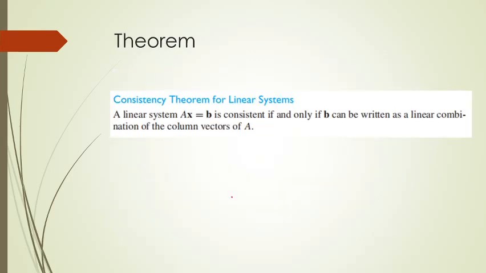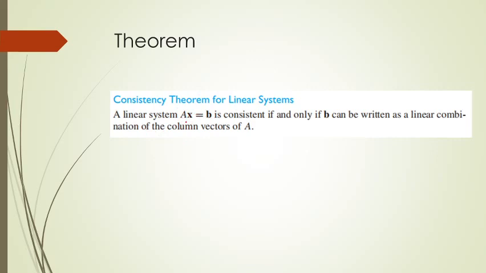And actually that forms a theory: the consistency theory for linear systems. A linear system Ax equals b, we can rewrite the linear system in this way. It is more convenient to represent it in matrix notation, in matrix form.